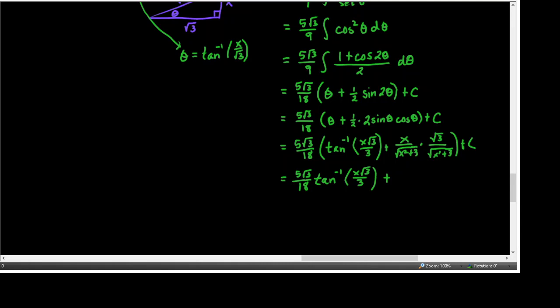And 15 over 18 reduces to 5/6. So 5/6 times x over, and the product of those two radicals, since they're identical, will give us back the radicand, x squared plus 3, plus c.